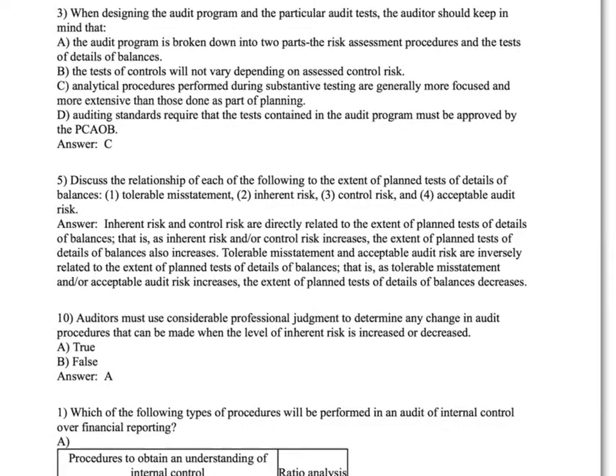So if inherent or control risk increases, the extent of planned test of balance is also increased. Tolerable misstatement and acceptable audit risk are inversely related to the extent of the planned detail. So if tolerable misstatement or acceptable audit risk increases, the planned detail decreases.